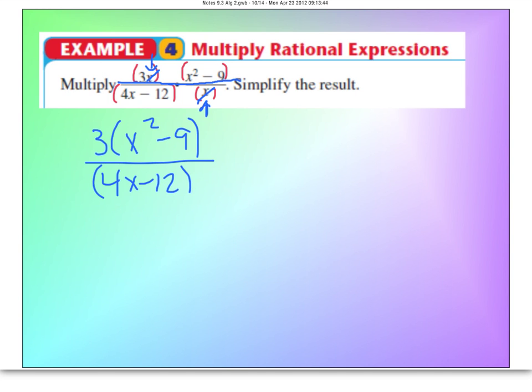Now, none of these groups match right now, but what I need to do is stop and look at the groups that are binomials or trinomials. I need to look at these groups and see if I can pull anything out of that or factor them. The 3 stays there, but x squared minus 9 is factorable into two groups. Keep in mind there's no middle term. So I'm going to take x squared and break it up here and here into x and x.